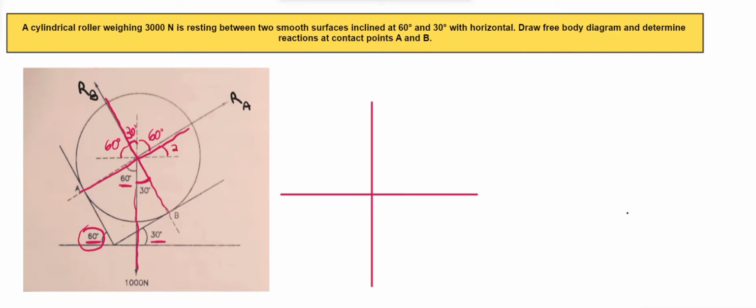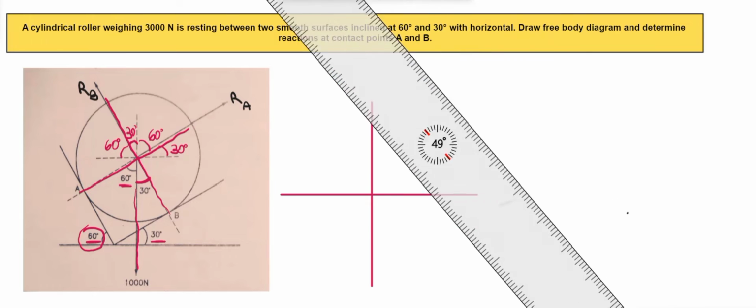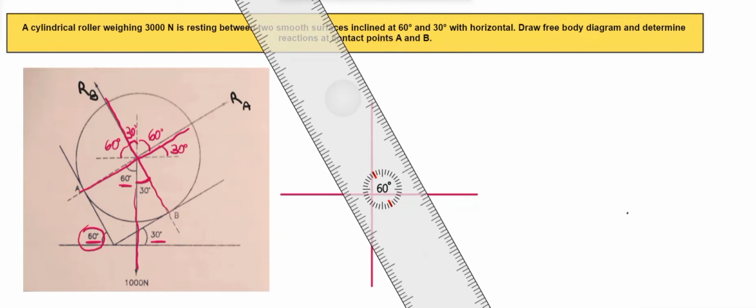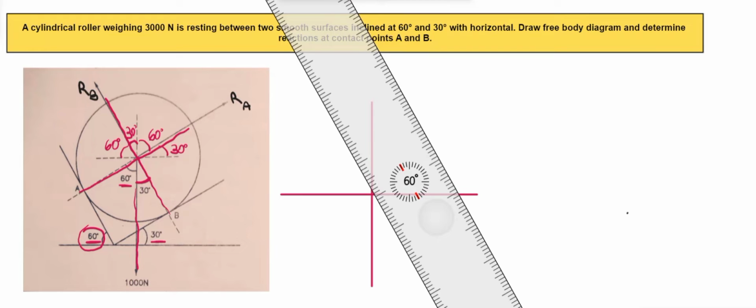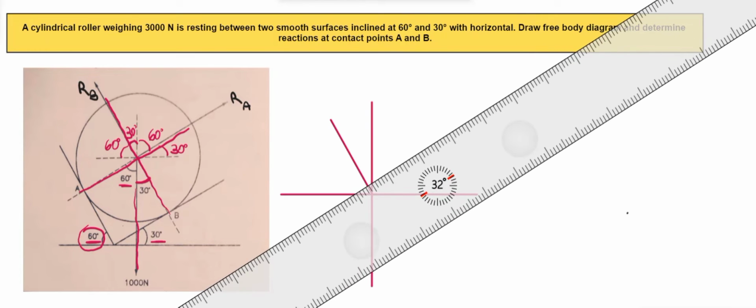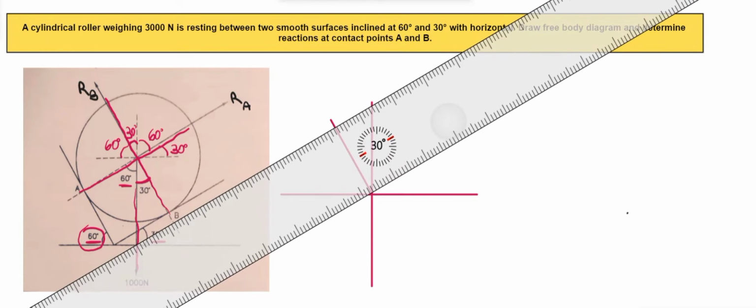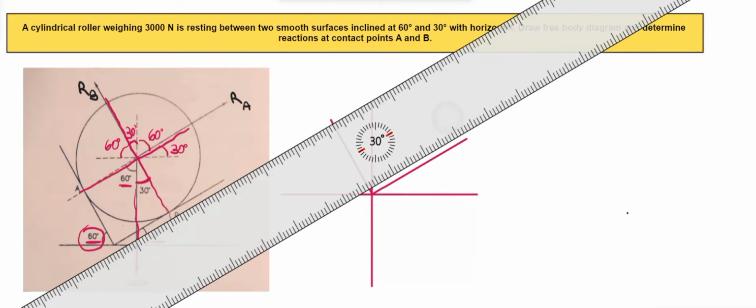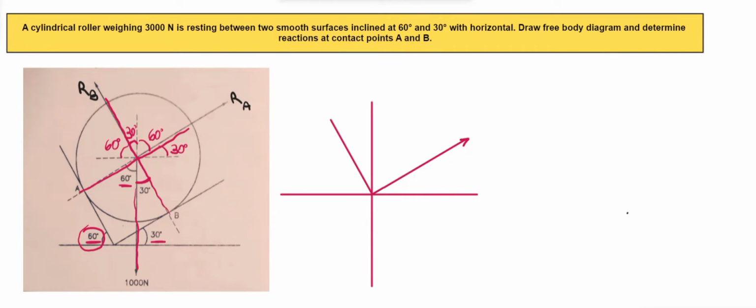And here RB is inclined at an angle of 60 degree and RA is inclined at an angle of 30 degree. Now we'll just write all of the forces. Here it will be RA, here it is RB, and weight is acting, which is 1000 Newton. Let's just write all of the angles.